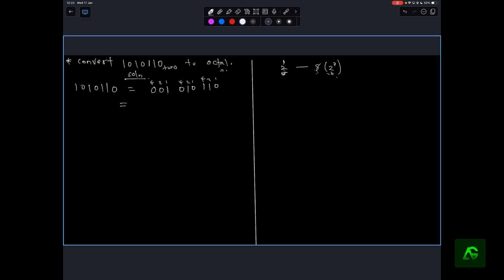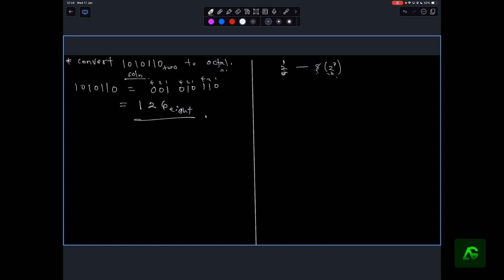Everything here, when converted to base 10, will result to 1. Everything here results to 2. Everything here, 4 times 1, 4, 2 times 1, 2, this 0 we discard it. That is 6. So in base 8.